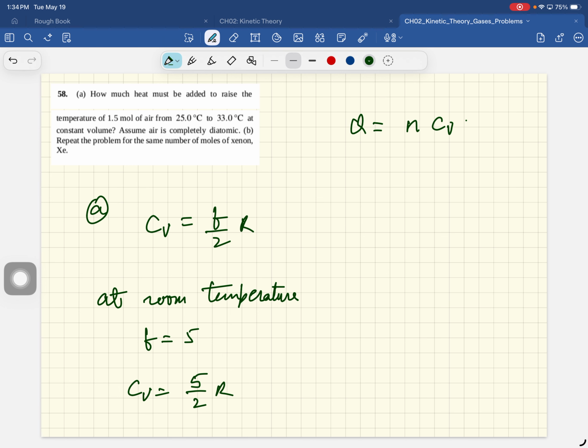So what we'll do is write m over k as M over R. You can multiply by Avogadro's number, so m over k is replaced by the molar mass, nitrogen 28 grams per mole, divided by 8.314 joules per mole per Kelvin.